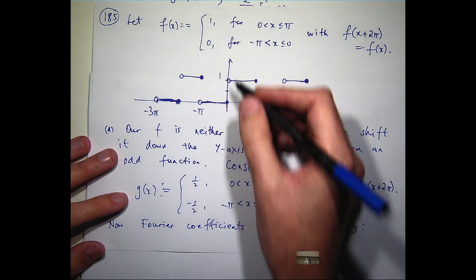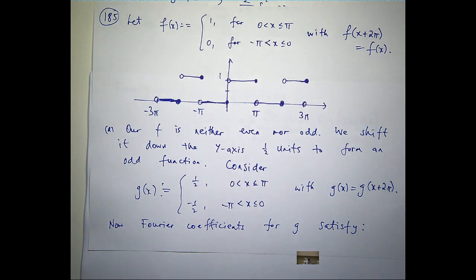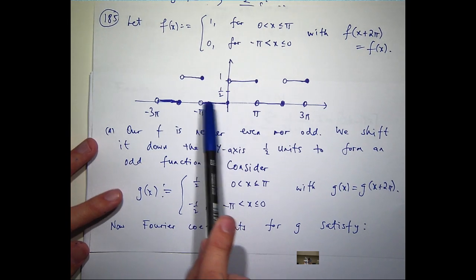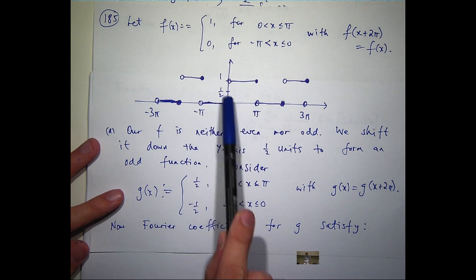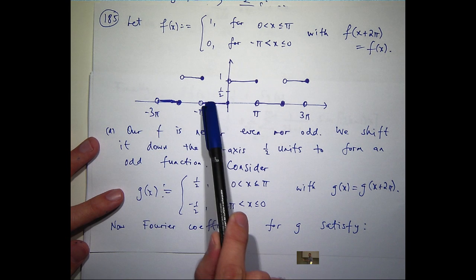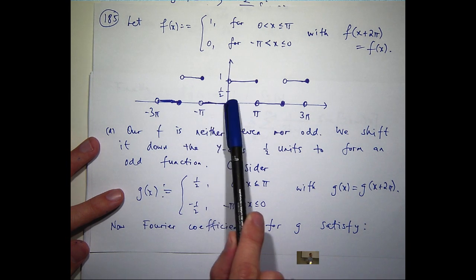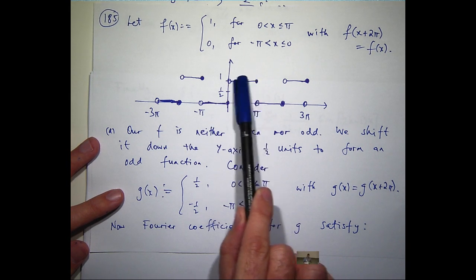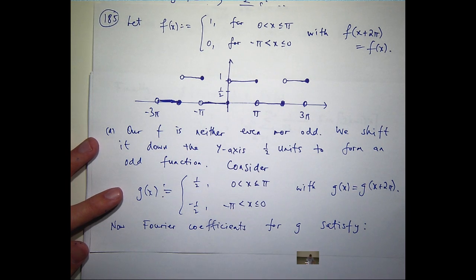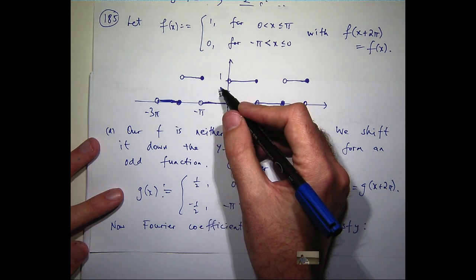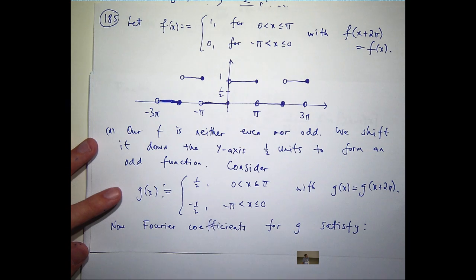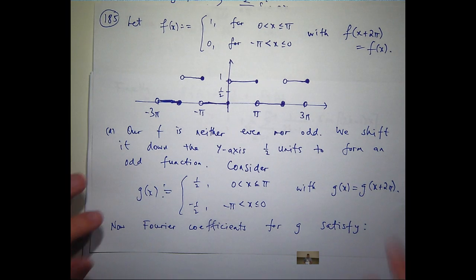No. So by the theorem that I put up before about convergence, at points of discontinuity, the Fourier series converges to the average of these two limits. Okay, so the left-hand limit as we approach 0 is 0. The right-hand limit as we approach 0 from the right is 1. So what's the average of 1 plus 0? A half. Okay? So at the point x equals 0, the Fourier series converges to 1/2.